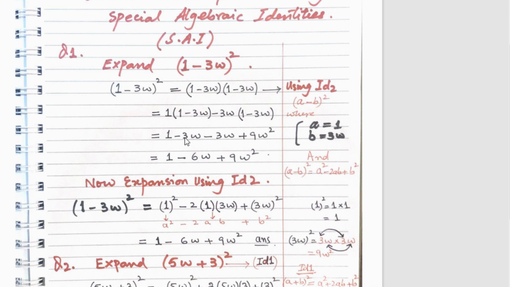And first of all, the numbers will be added up and the alphabet will come as it is. So minus 3 and minus 3 will be added up. We will get minus 6 and w will come as it is, because with the answer the same sign will come as the sign written with the terms. Plus 9w square.